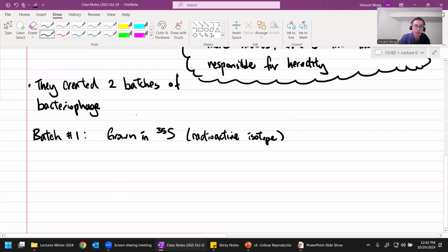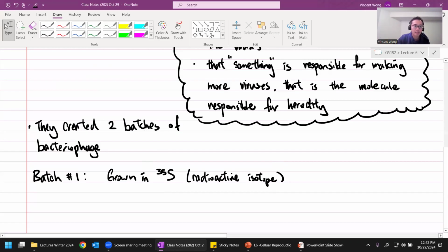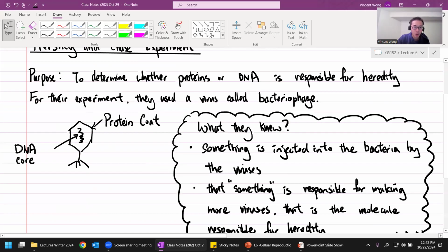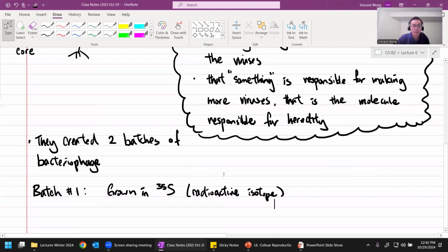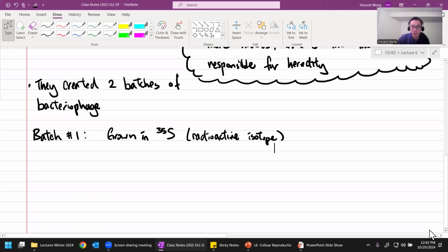So the virus has a protein shell, a protein coat, and a DNA core. If you grow them in radioactive sulfur, is the DNA going to become radioactive or is the protein going to become radioactive?